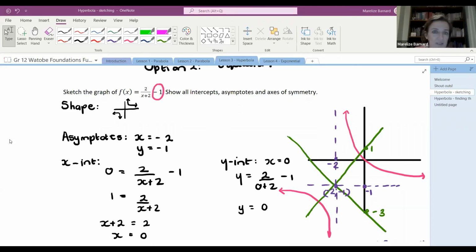And in our previous lessons on the parabola, very similar, you need the shape, the turning point, and the x-intercepts and y-intercepts. If you can't remember it that well, you're welcome to watch our recordings. The recordings are all available on our website.